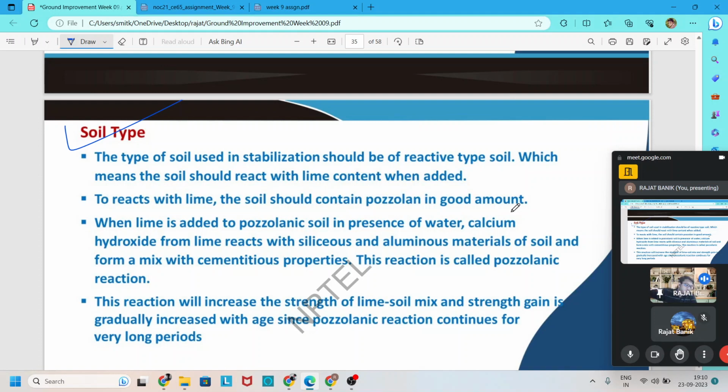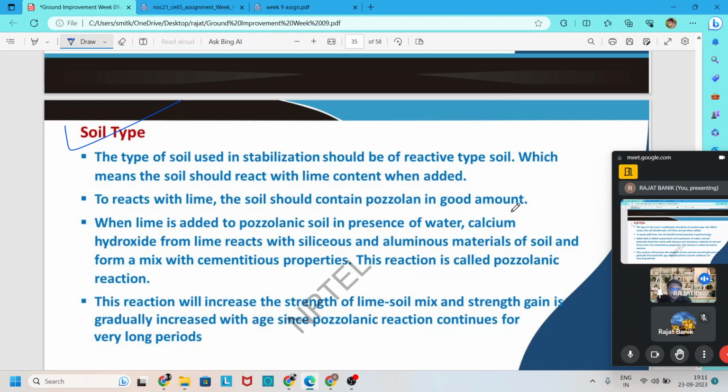These points we already discussed in a few previous slides. Here it is written in a detailed way that when we apply lime, the soil should be reactive in nature. That means the soil should be clay or silt, and pozzolanic content should also be present, that means silica and alumina content.